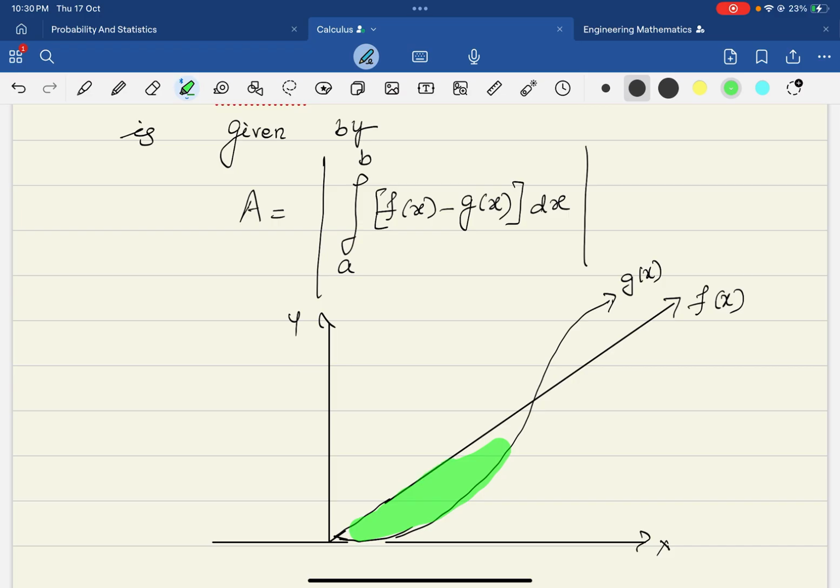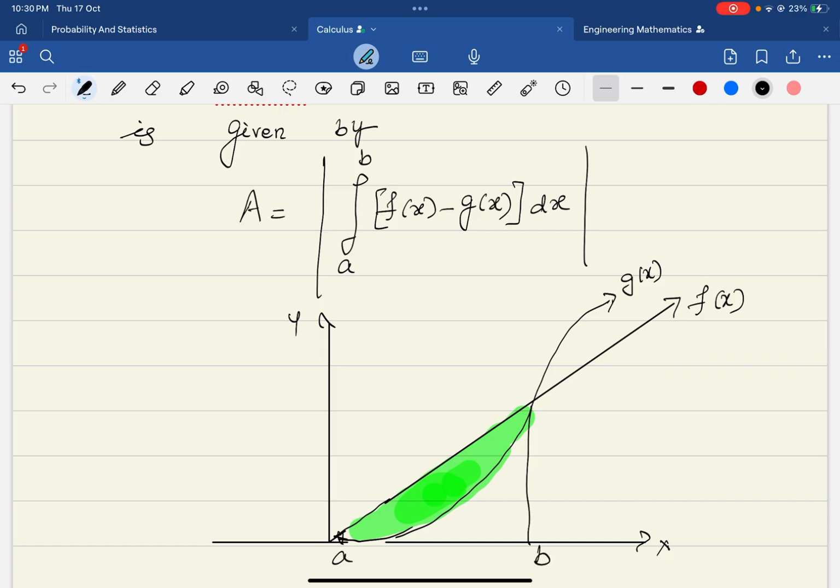So we have to find the area between the two curves, meaning the modulus value of f of x minus g of x. That gives you this area, right? Now within the limits a to b, suppose. That means the lower limit is a and the upper limit is b.